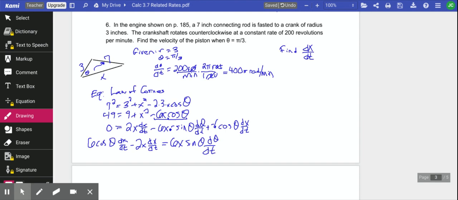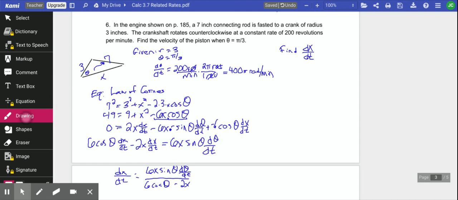And then on the left-hand side, I'm going to factor out the dx dt and then divide. I know I'm skipping a step, but just to save myself a little bit of writing, we get dx dt equals 6x sine theta d theta dt all over 6 cosine theta minus 2x.